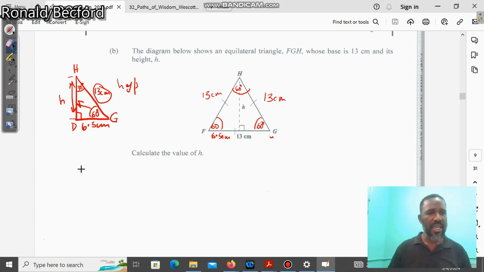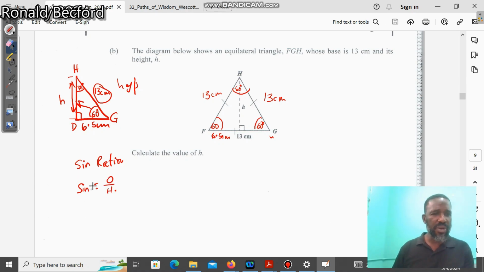So if we apply the sine ratio, what could we do? We know that sine is equal to the opposite over the hypotenuse. So therefore, sine theta is equal to opposite over hypotenuse. That means sine of 60 degrees is equal to the opposite, which I don't know, which is h, over 13 centimeters.